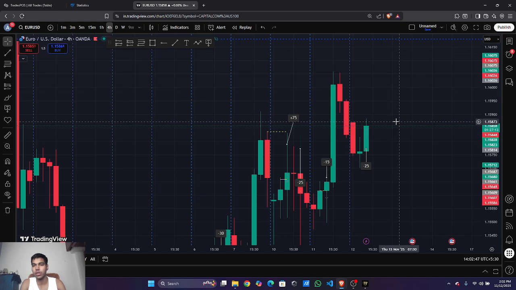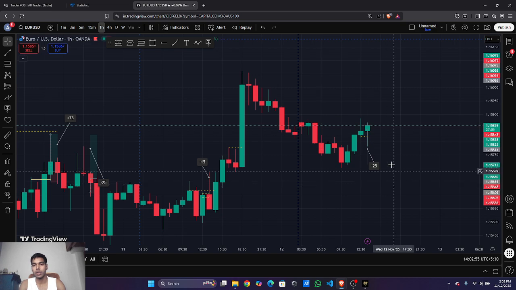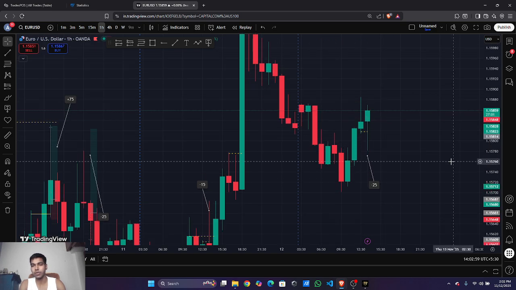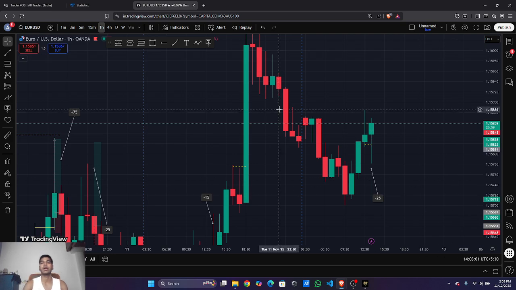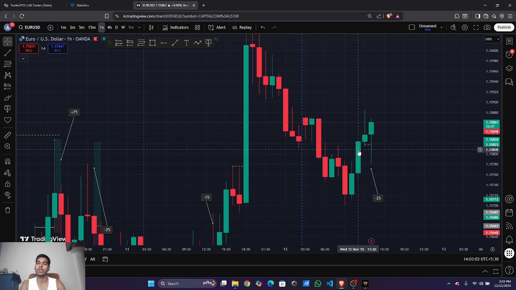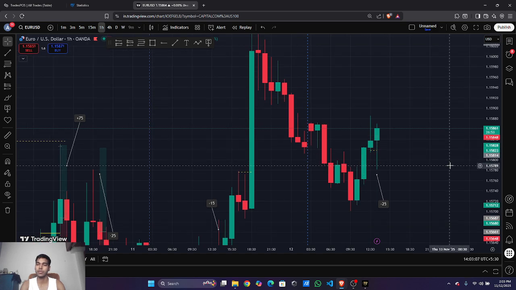Okay, so there was a 4 hour fair value gap acting as a magnet too, so this wasn't a good trade. This was a very bad trade to sell. There was a break of structure over here, so I should have looked for longs rather than shorts.